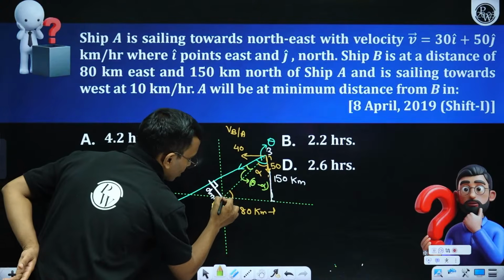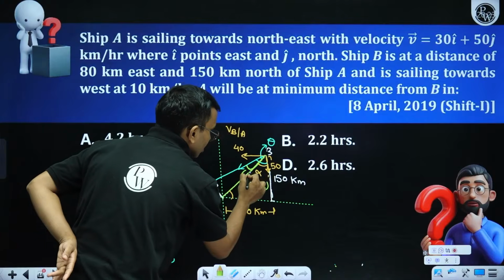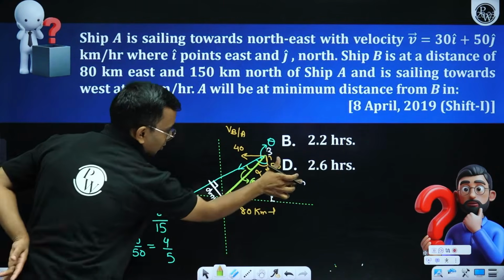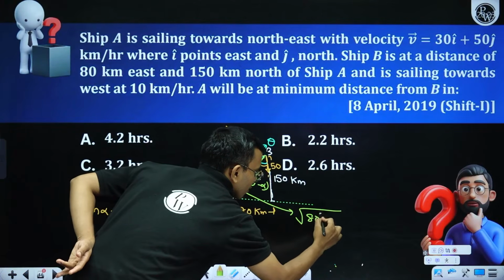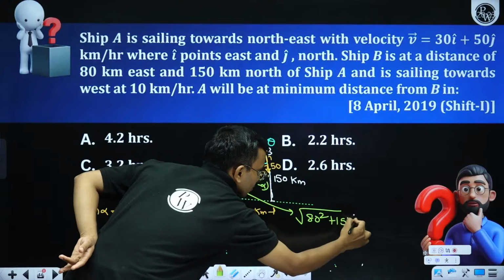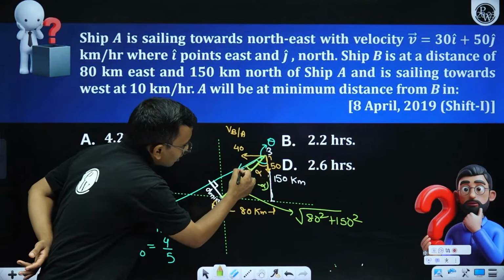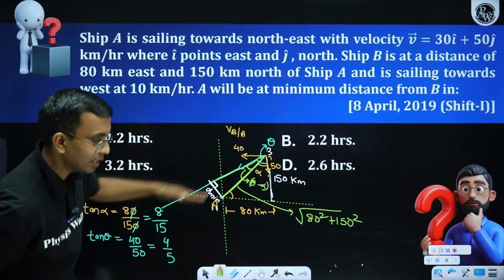And I know this distance. How much is this distance? This is under root of 80 square plus 150 square. Then what will be this distance? This is cos of theta minus alpha.